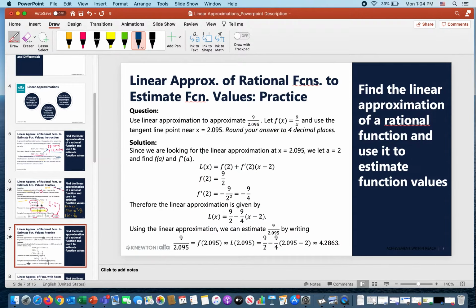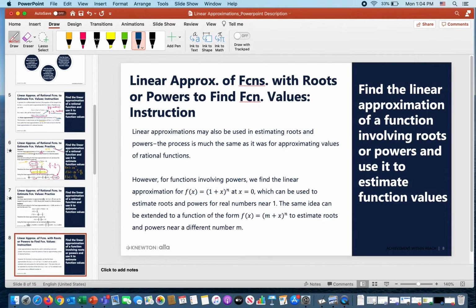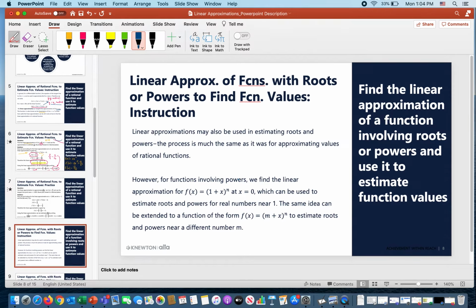Here's another problem that's worked out similarly to the one that we just finished. I wanted to take a look at another one where we have roots and powers involved. In the previous problem, we were looking at f of x equals 3 over x. This time, the way we find our derivative is a little bit different.